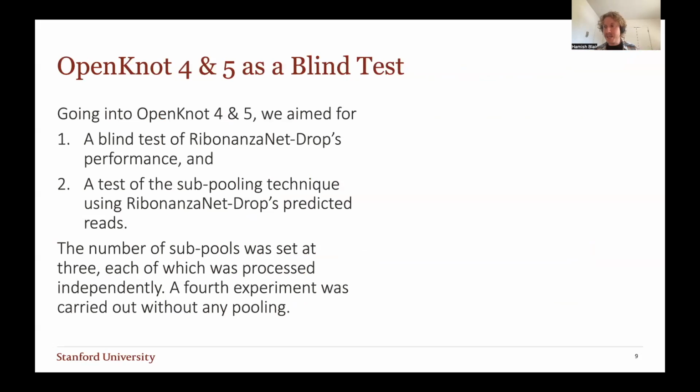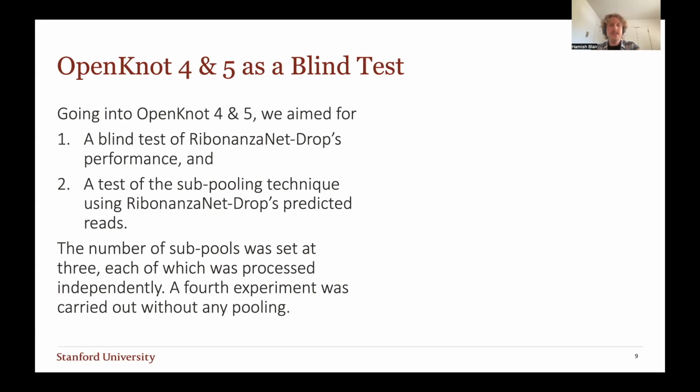So we wanted a blind test for all of this. Firstly, a blind test for RibonazaNet-Drop's performance, and also a test of that idea I mentioned of splitting the library into multiple sub-libraries. And a good candidate for this was the OpenOpt 4 and 5 challenge, plus some extra sequences from external contributors.